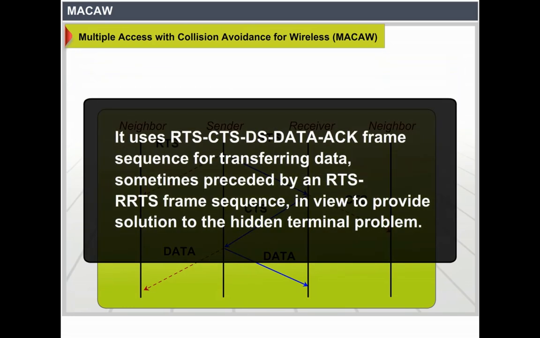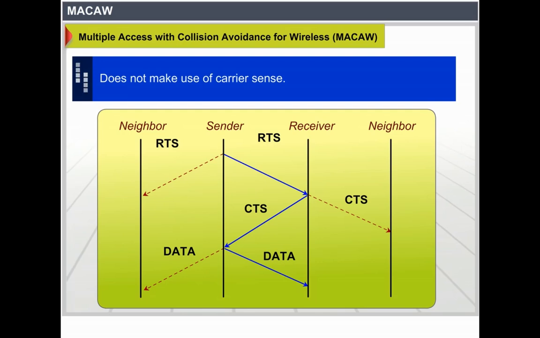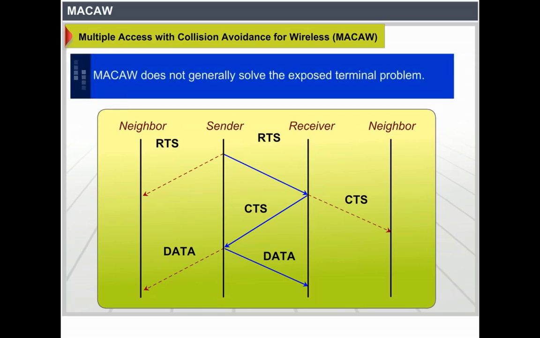It uses the RTS, CTS, DS, data, ACK frame sequence for transferring data, sometimes preceded by an RTS, RRTS frame sequence, in view to provide a solution to the hidden terminal problem. It does not make use of carrier sense. MACAW does not generally solve the exposed terminal problem.